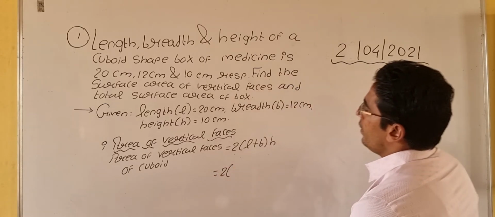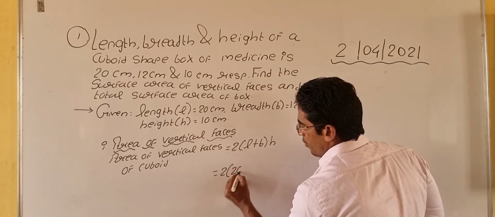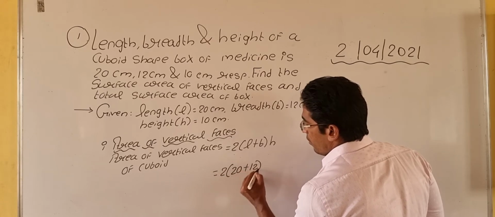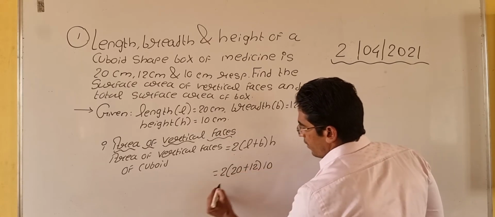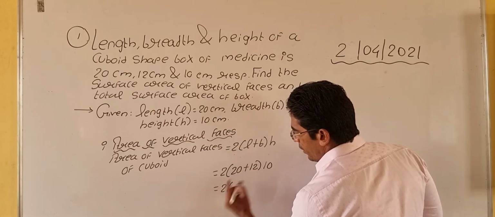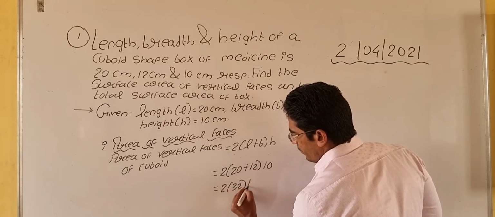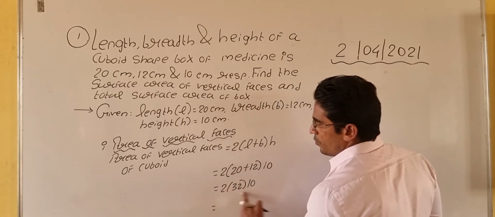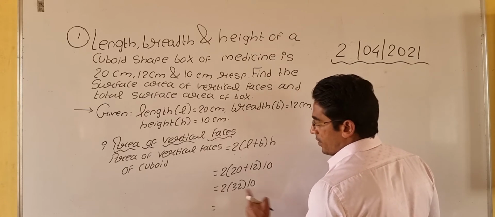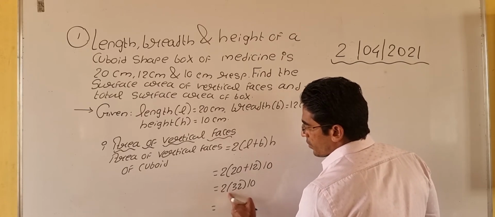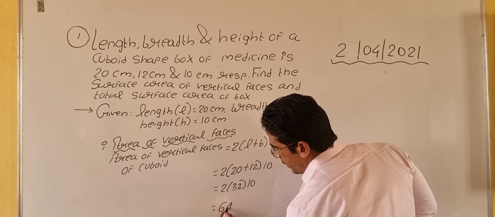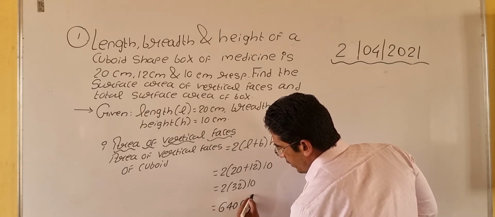What is the value of L? 20. What is the value of B? 12. What is the value of H? 10. So 2 into 20 plus 12, 32, into 10. Since there is no sign, it means multiplication. 32 twos are 64. 64 tens are 640 centimeter.